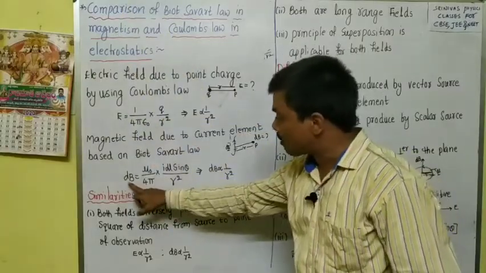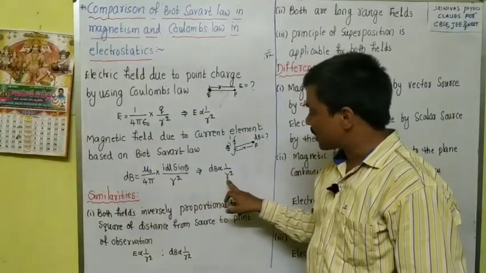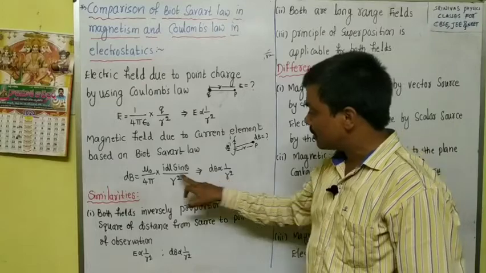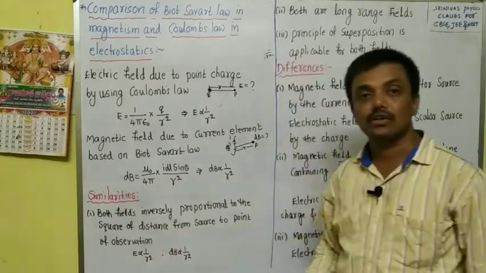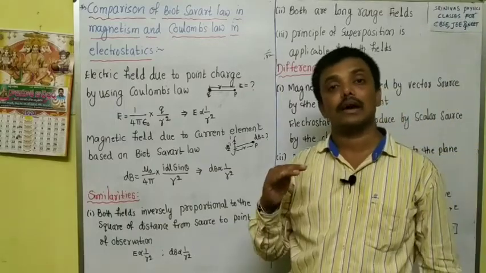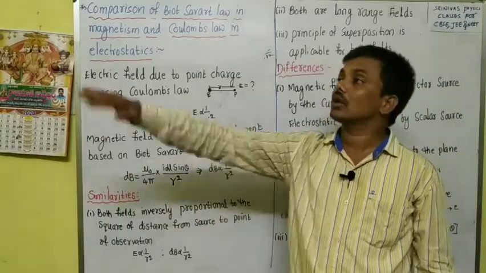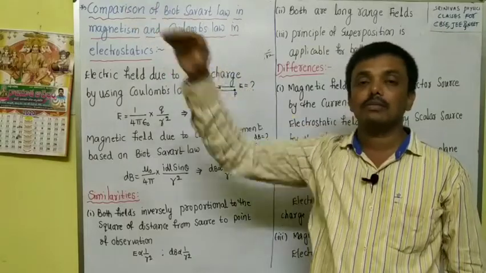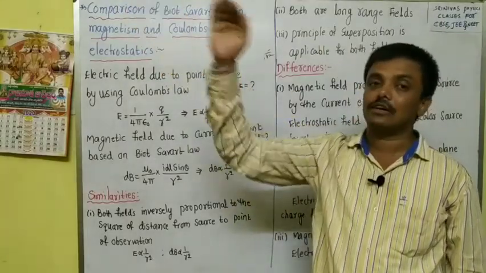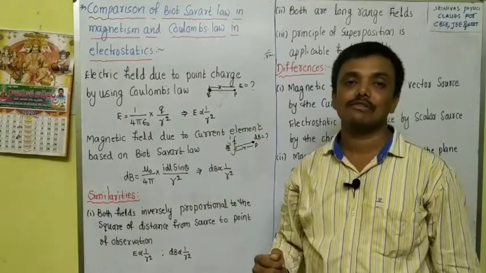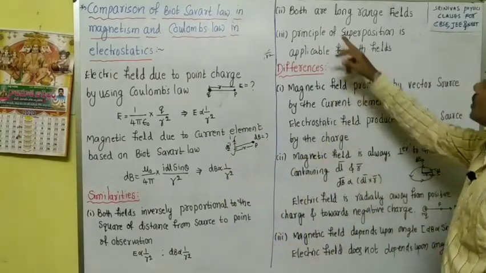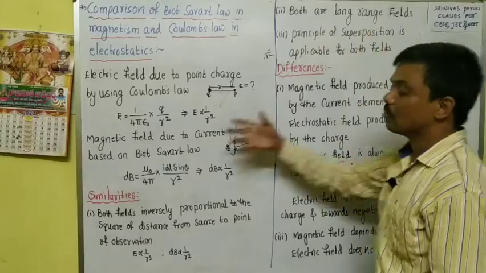To get zero magnetic field, the distance must also be infinite, since something by infinity becomes zero. So to get zero electric and magnetic field, we have to take the distance as infinite. Up to infinity the fields will be there, and after that they vanish. So both are long range fields.